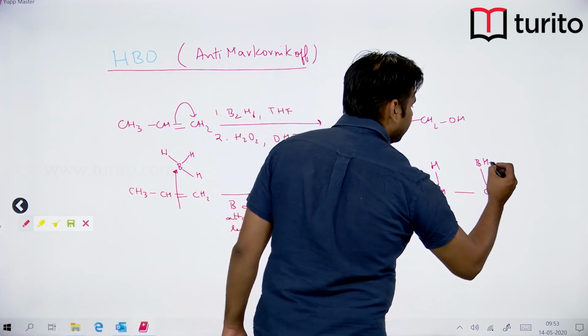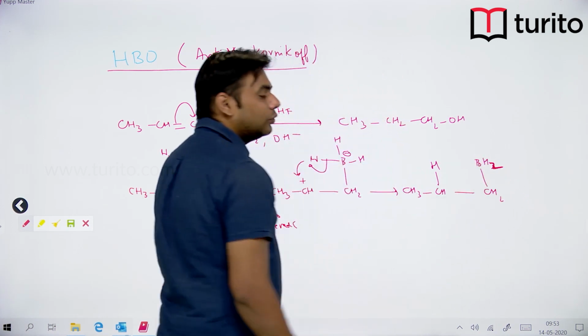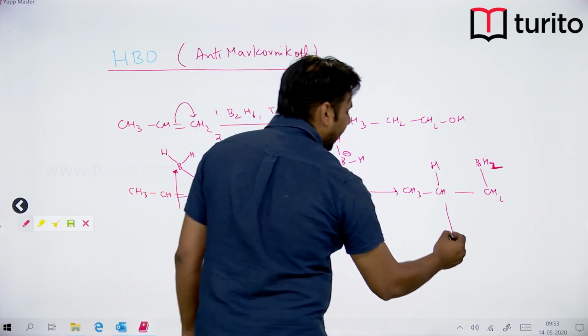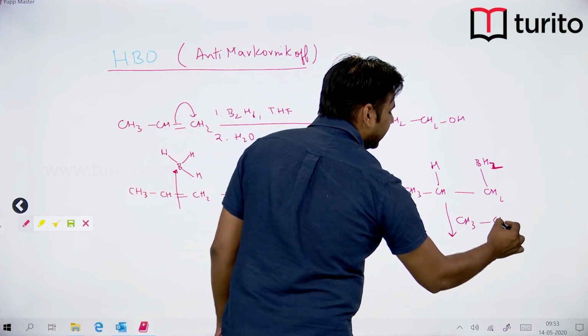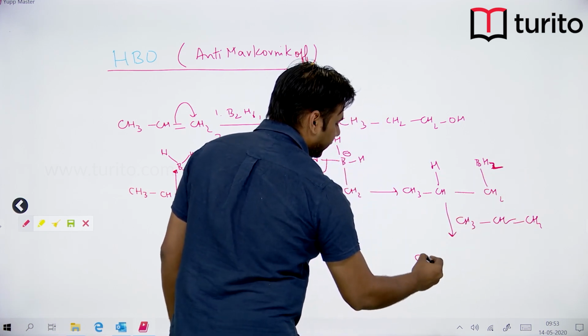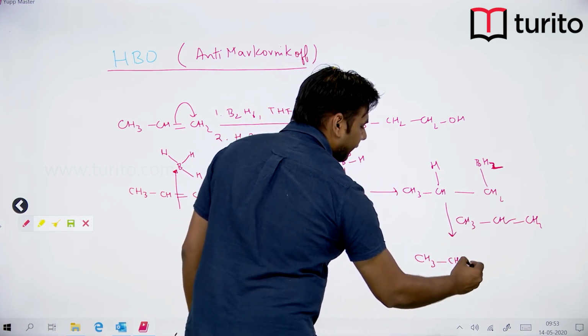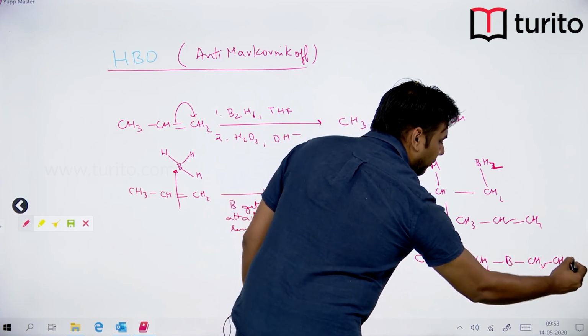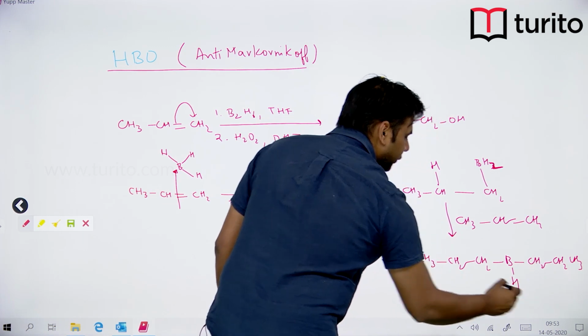This is basically BH2. Because there are two hydrogens still left with the boron, they can react with another alkene. It will donate hydrogen to this carbon, and boron will get attached over here. So in this case we will get this.